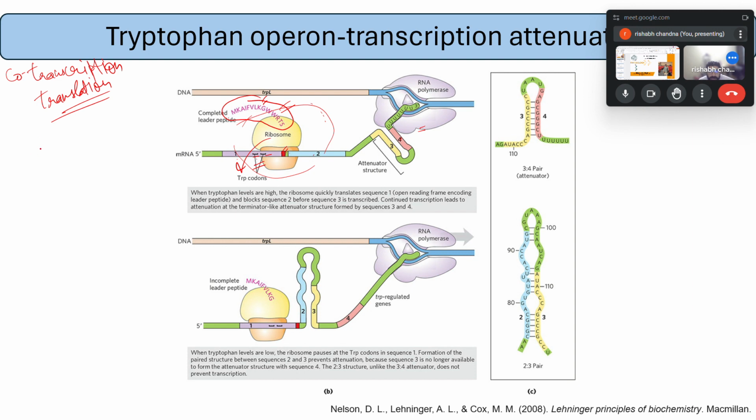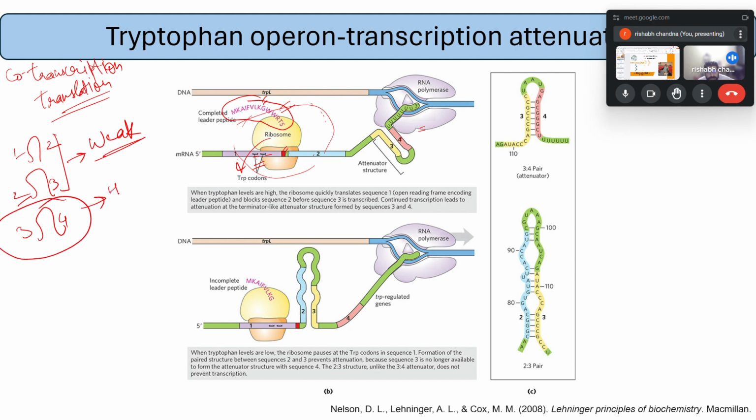One can bind with two, two can bind with three, and three can bind with four. The structures formed between 1 and 2 and between 2 and 3 are weak, because the complementary base pairing between the two hairpin loops is not that strong. But the hairpin loop formed by the 3 and 4 sequences is strong in nature.